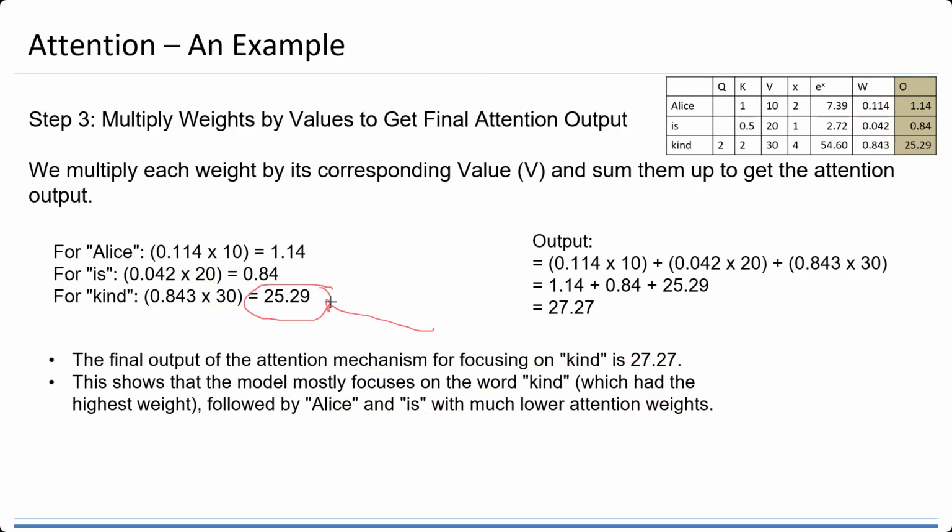Sometimes we can take the proportion, 25.29 divided by 27, so the proportion is high. Then we can conclude that this is the word we need to pay attention to, compared to the word Alice, which is very small, and is, which is the smallest.